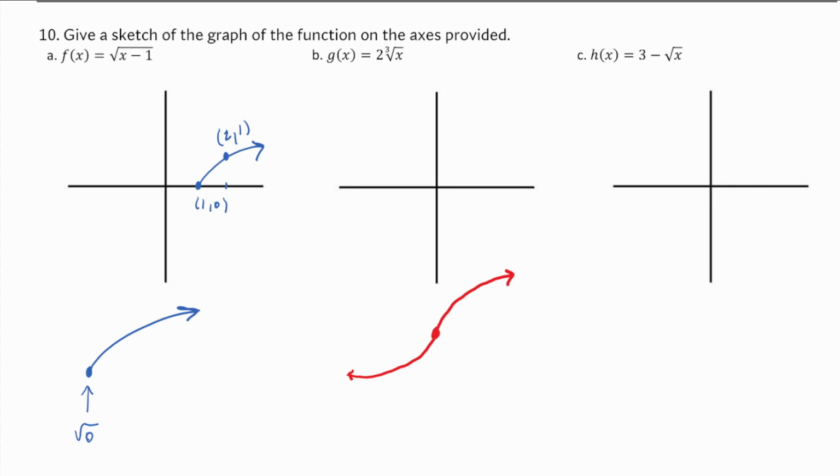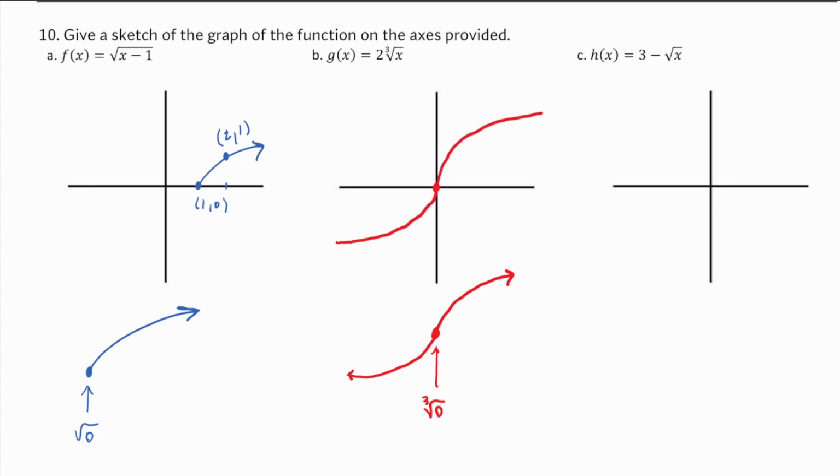That point right there is where we're taking the cube root of 0. That's our vertex point. That happens when x is equal to 0, and when I plug in 0 for g of x, I get 2 times the cube root of 0, which is 0. So this vertex is at the origin, and it looks like a pretty standard cube root graph.